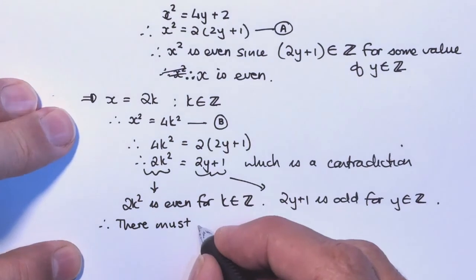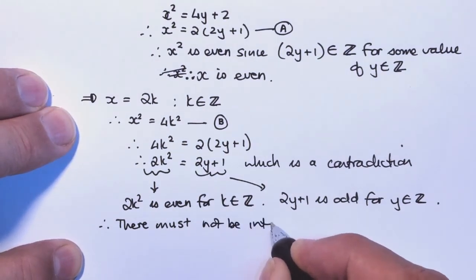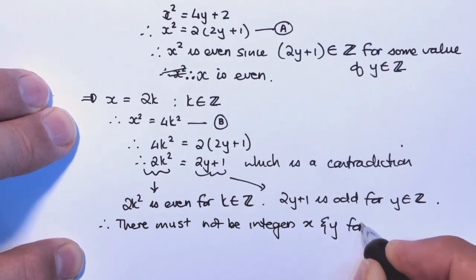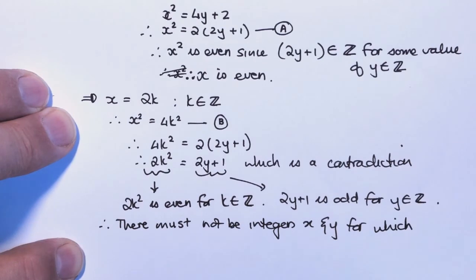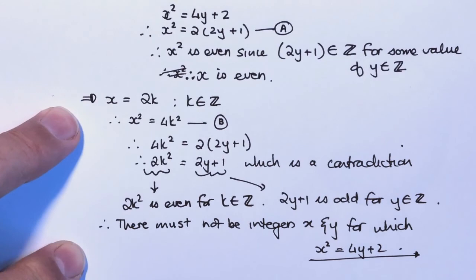So there must not be integers x and y for which we can say that x squared is equal to 4y plus 2. Proven by contradiction. So you can see how your proof by contradiction works. It's really not that difficult.